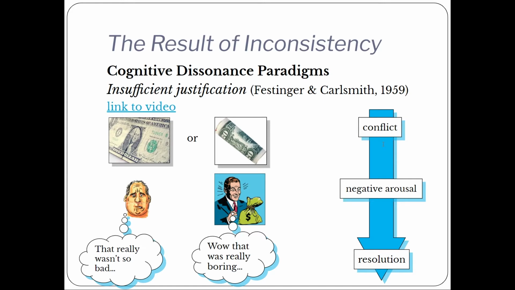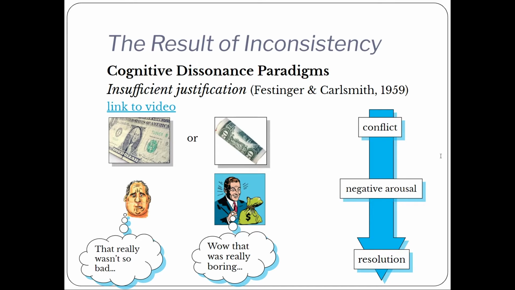It's like, oh, it's not a big deal, I'm making $20 for it, so I can lie about this. For the group that only got paid $1, that's really not a good enough reason to lie to somebody. So the people that got paid $1 might have changed their memory of their experience.